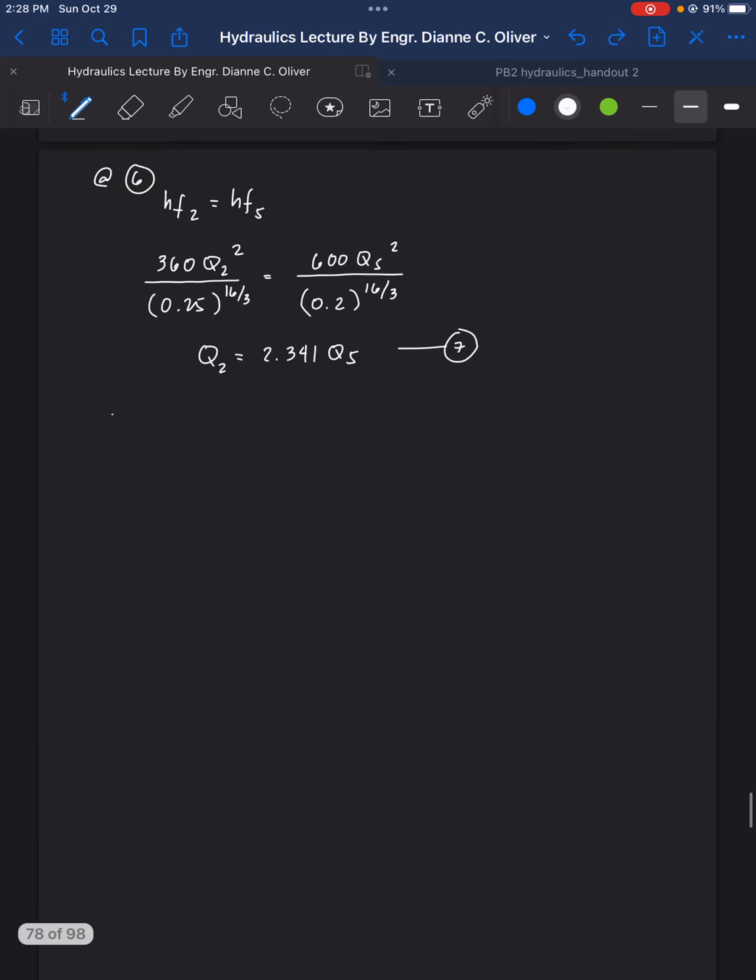At equation 2, wherein Q3 is equal to Q2 plus Q5, we have Q3 equals 2.341 Q5 plus Q5. So Q3 is equal to 3.341 Q5, and that is equation 8.